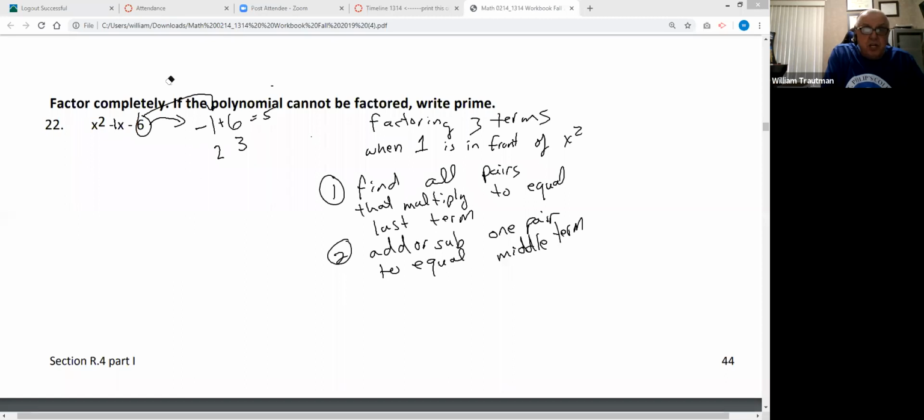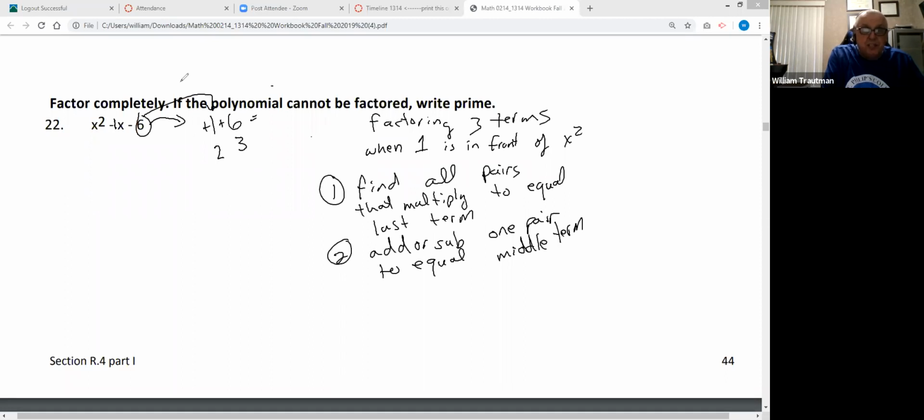Let me try -1 and a -6. Well, -1 minus 6 is a -7. That doesn't equal -1. So no matter what I do, I can't get 1 and 6 to add up to -1 if I add or subtract them. What about a plus and a plus?